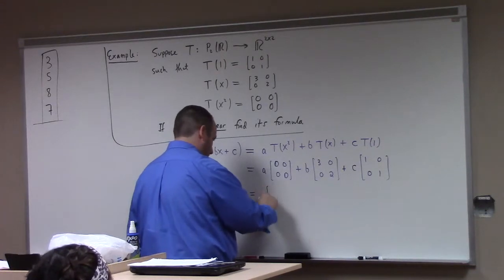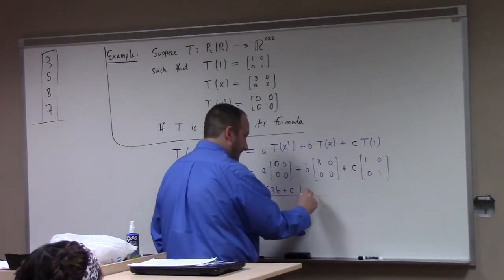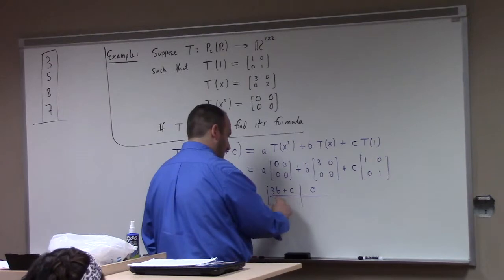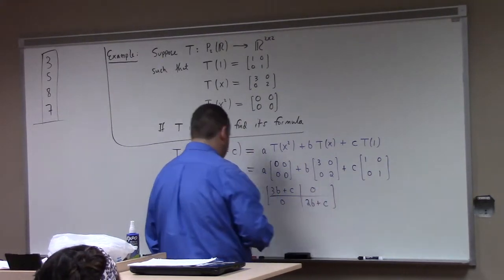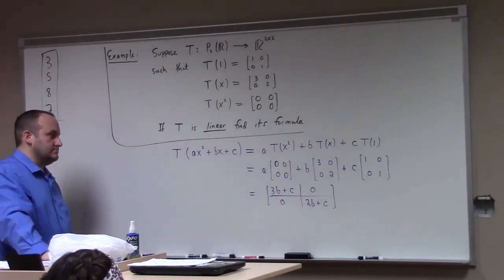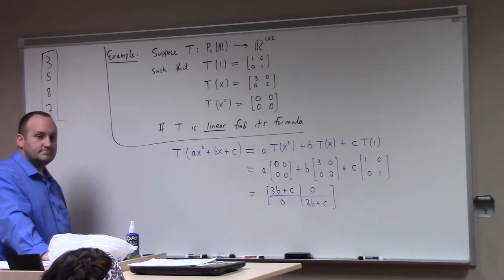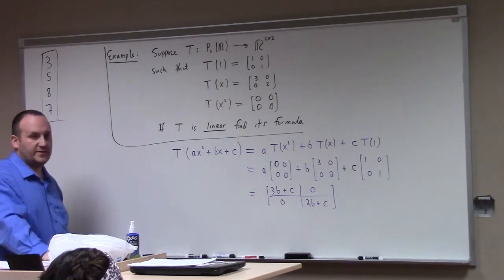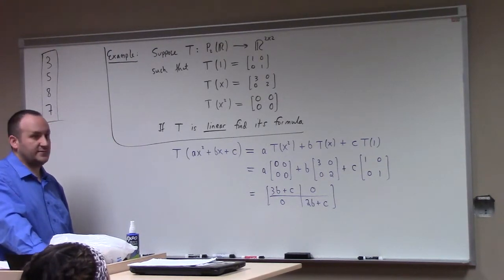So we get the matrix with entries 3b plus c, 0, 0, and 2b plus c. And there you go. That's the formula for the linear transformation. Knowledge of the value of the function on the basis was enough to define it everywhere.